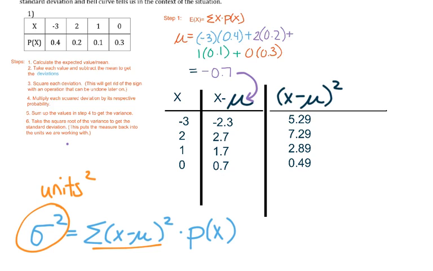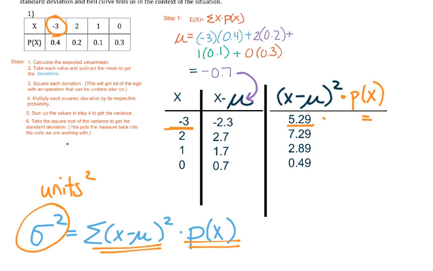So I'm going to take the sum of the deviations, each deviation times its respective probability, and get a new value for it. So the next step is I'm going to take each of these deviations and multiply it by its respective probability. Now, taking a look, we're still dealing with x value -3.